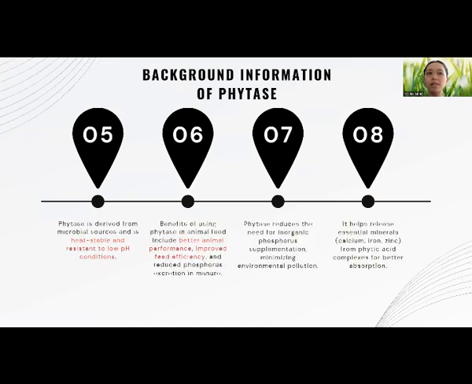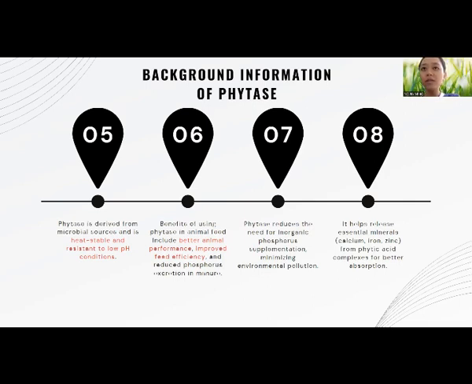Next, phytase is derived from microbial sources, and it has some special characteristics such as being heat stable and resistant to low pH conditions. Due to this benefit, it is used widely in animal feed because it can not only improve animal performance, but also improve feed efficiency and reduce phosphorus excretion in manure.